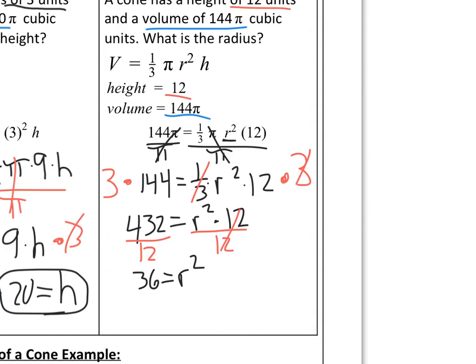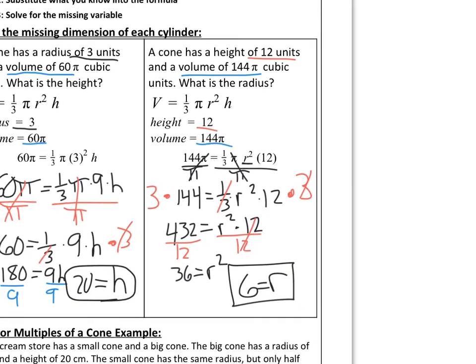Then we want to ask ourselves, what squared will equal 36? What do you think r is, the radius? If you said radius was 6, you'd be absolutely right, because 6 squared, 6 times 6 is 36. So we've plugged those in and slowly solved and got r isolated all by itself.